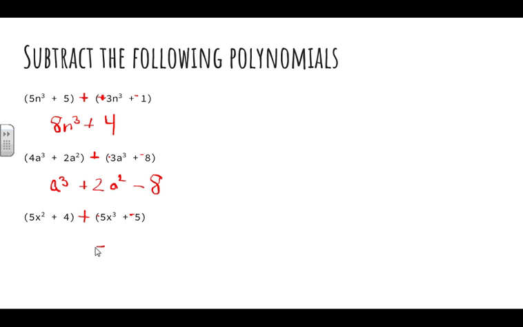So we're going to stick that in here. 4 plus negative 5 would be a negative 1. And then negative 5x cubed also doesn't have a like term. So I'm going to stick that in the front since it has the largest exponent. So I get negative 5x cubed plus 5x squared minus 1.